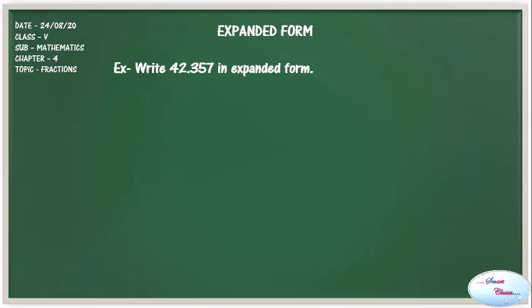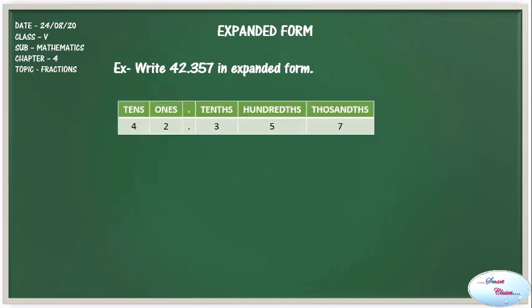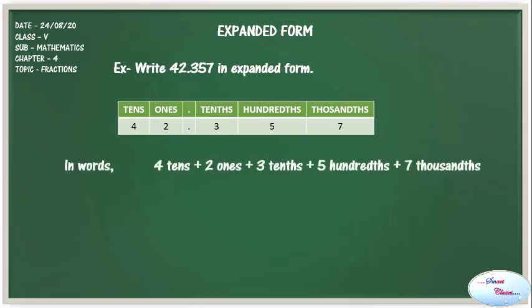So I have placed this decimal number on a place value chart. In words, I will write it as 4 tens plus 2 ones plus 3 tenths plus 5 hundredths plus 7 thousandths.